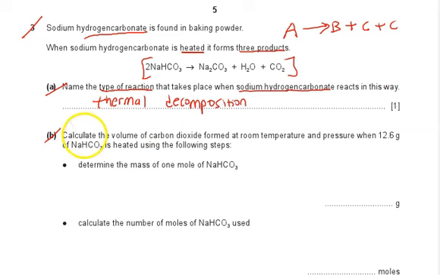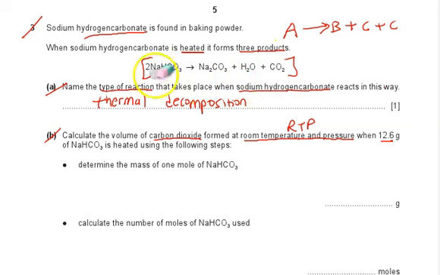For B, calculate the volume of carbon dioxide formed at room temperature and pressure, in short RTP, when 12.6 gram of sodium hydrogen carbonate is heated using the following step. We have to use this equation.